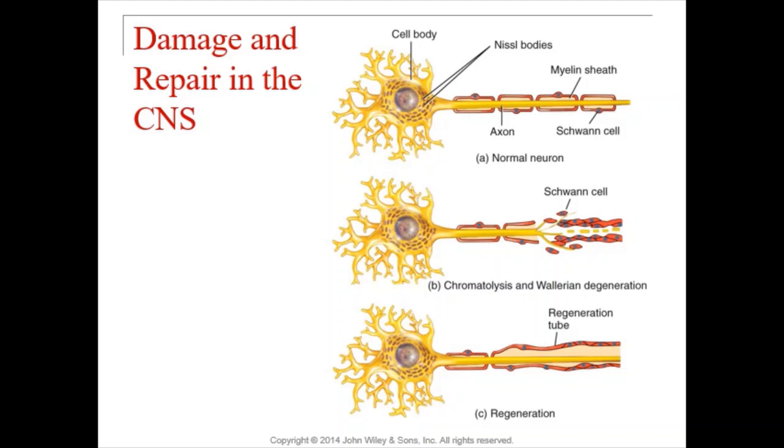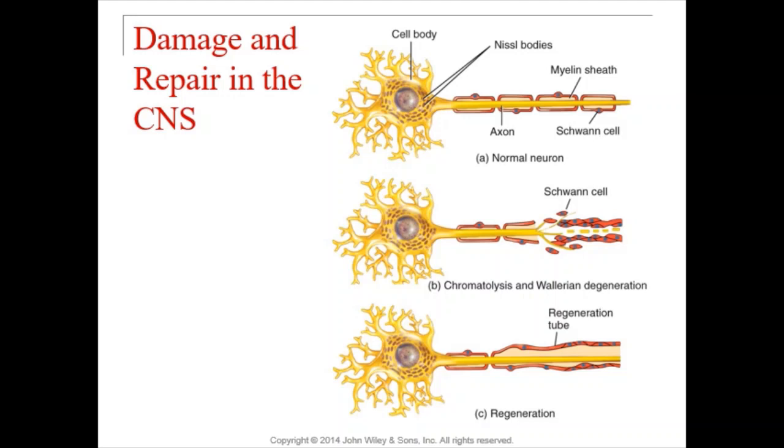First step, Wallerian degeneration and chromatolysis: break down the part of the axon not attached to the cell body. Step 2, axon grows. Step 3, regeneration tube formation. What happens here?